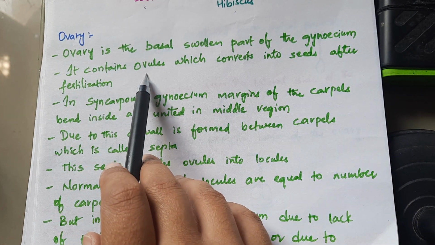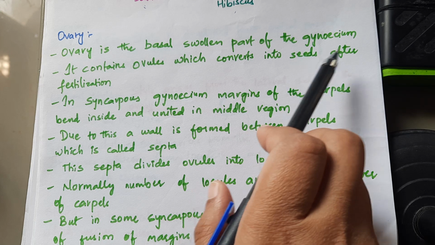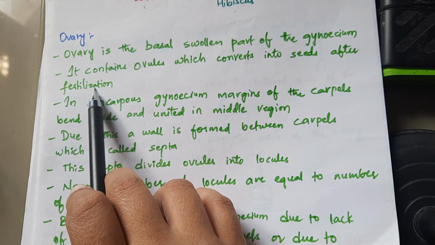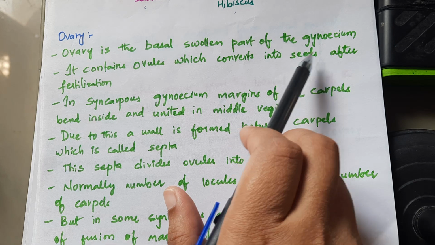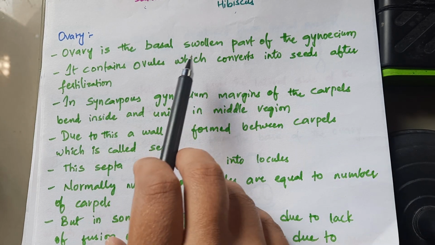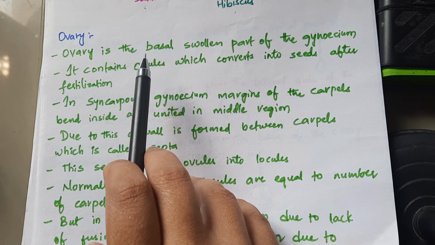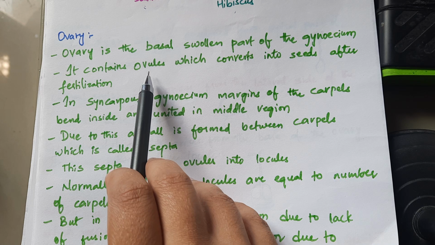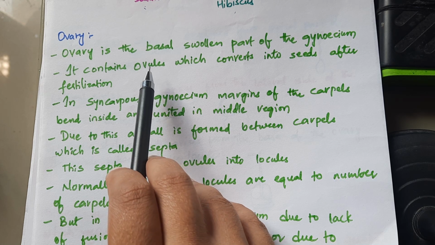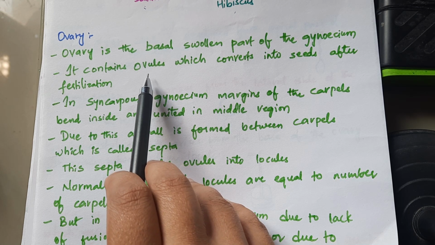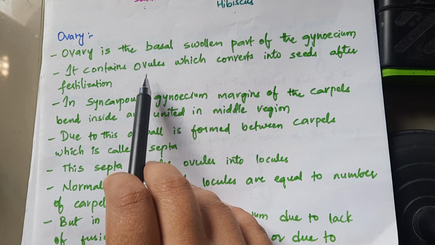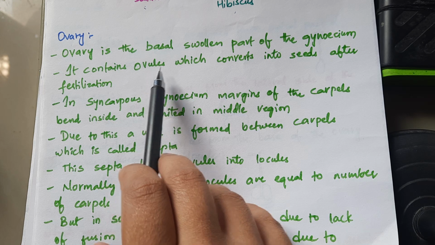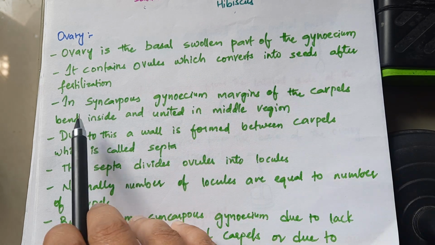It contains ovules, which convert into seeds after fertilization. Ovules contain the eggs. When fertilization takes place, the male nucleus enters the embryo sac and fuses with the egg. As a result the zygote develops and converts into the seed.